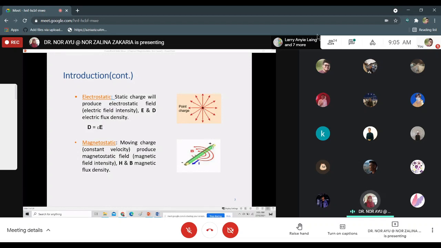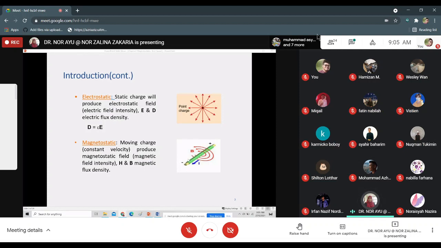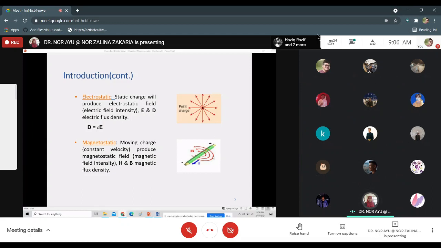But when we look at magnetostatic, if we have a single line like this, the charge will move from one point to another point, because we are considering the moving charge. And this charge is moving with constant velocity, and at the same time it will produce what we call the magnetic field intensity. This magnetic field intensity will look like a curl surrounding this line current.